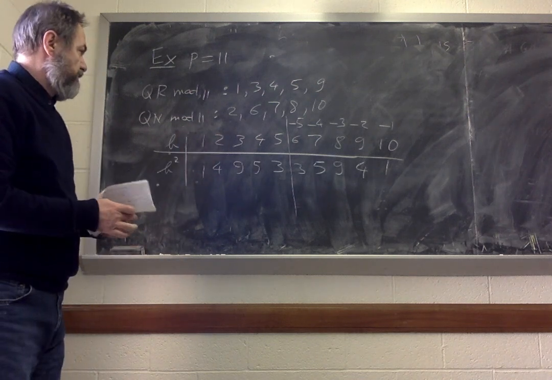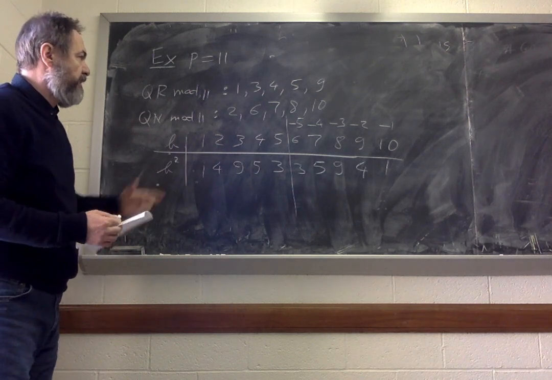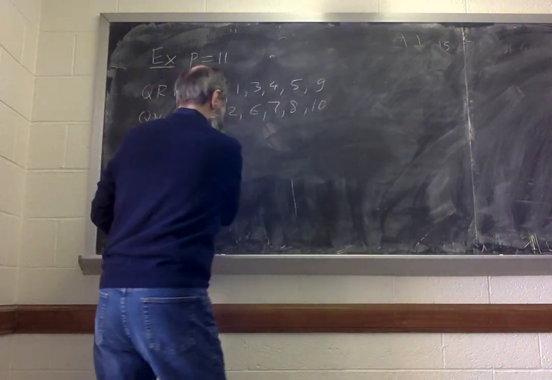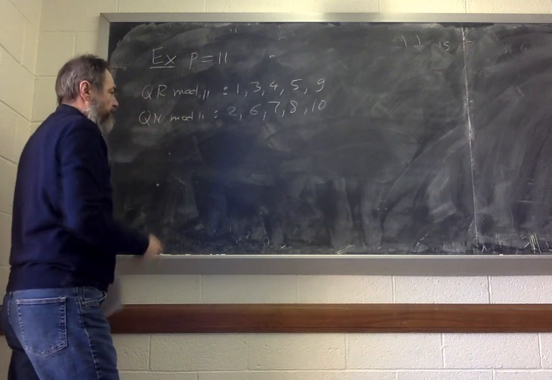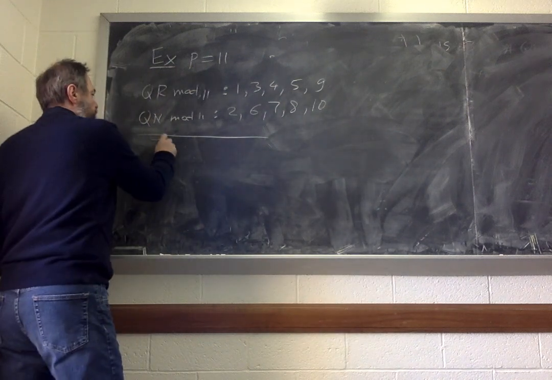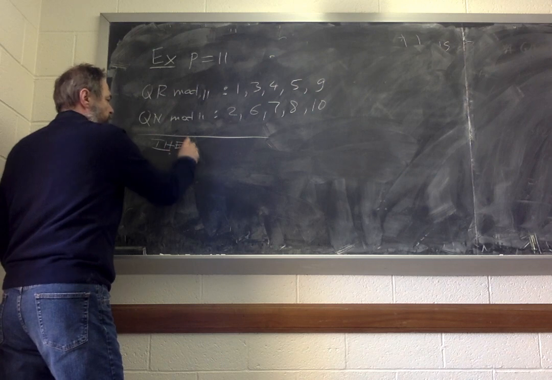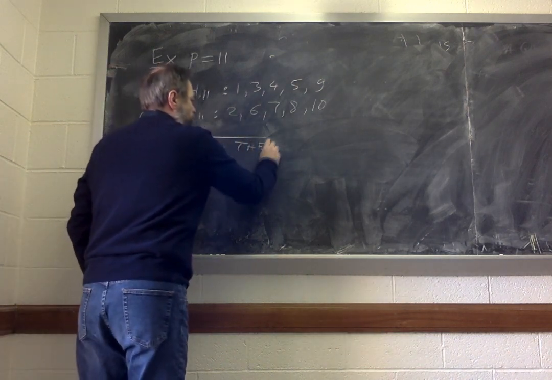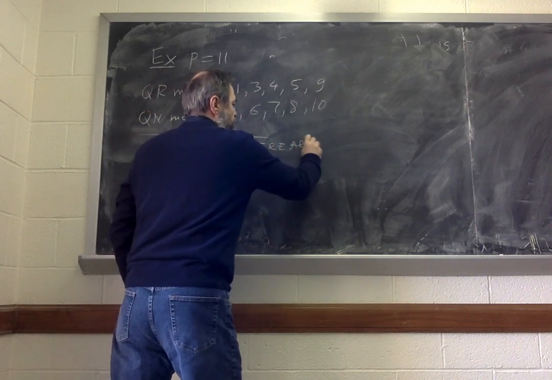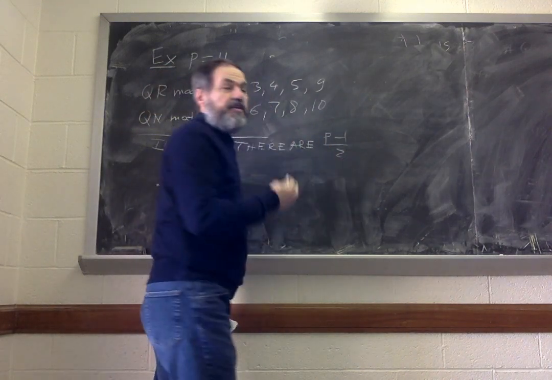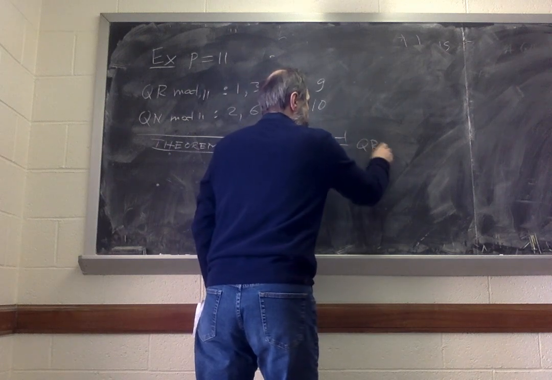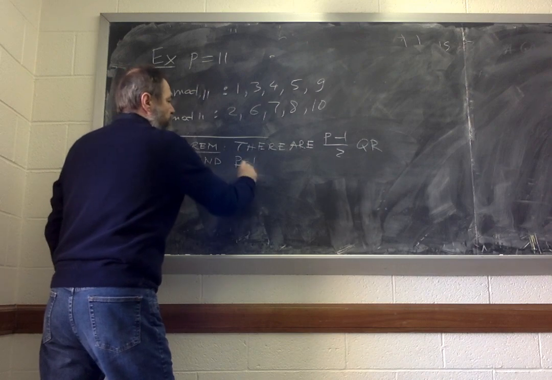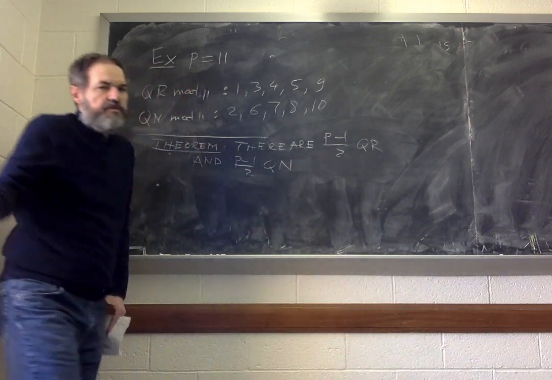Let's state this as a theorem, and let's see why this happens. There are p minus 1 over 2 quadratic residues and p minus 1 over 2 quadratic non-residues.